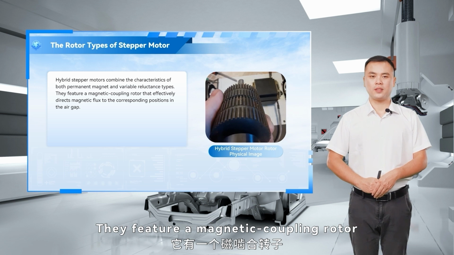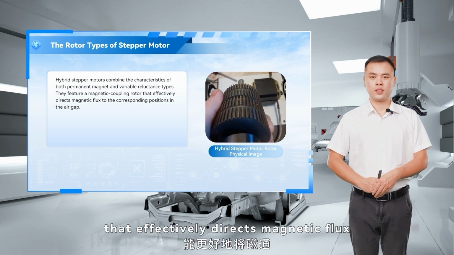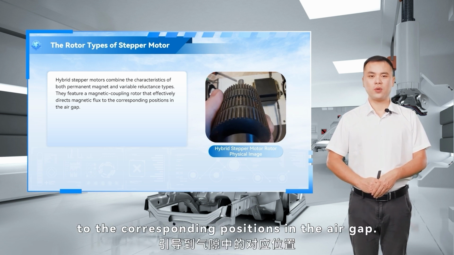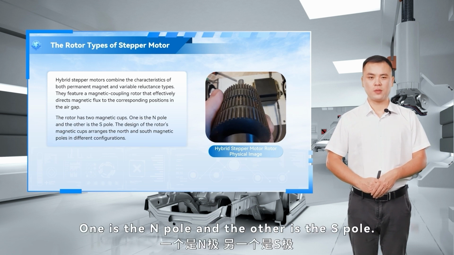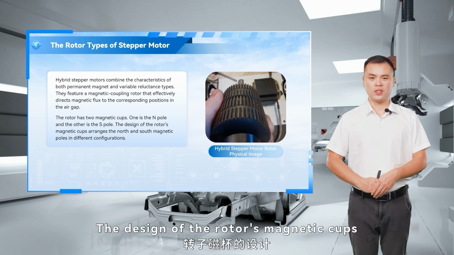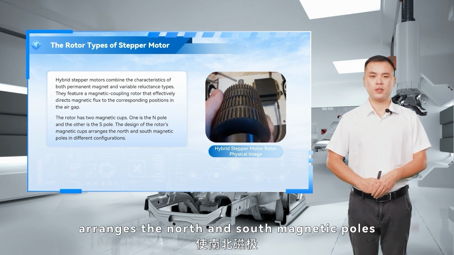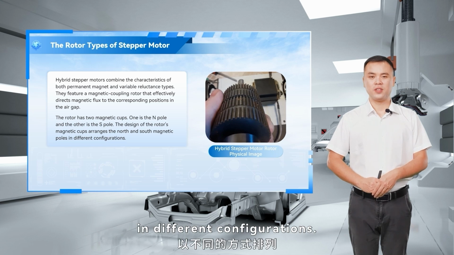They feature a magnetic coupling rotor that effectively directs magnetic flux to the corresponding positions in the air gap. The rotor has two magnetic cups. One is the N pole and the other is the S pole. The design of the rotor's magnetic cups arranges the north and south magnetic poles in different configurations.